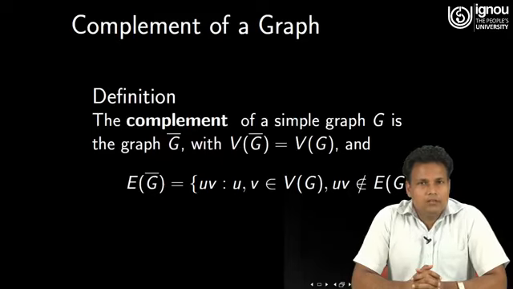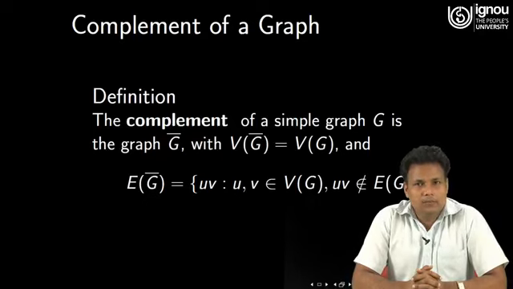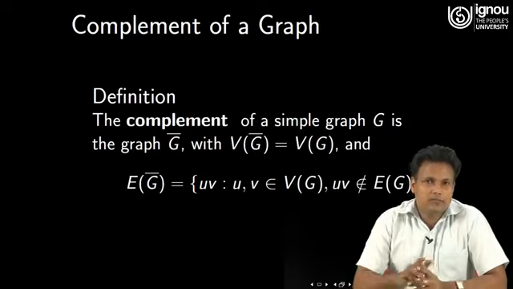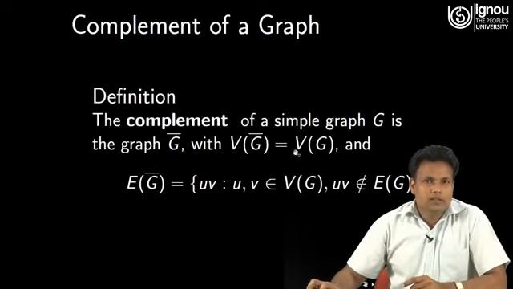The complement of a simple graph G is the graph G bar with the vertex set the same as the vertex set of G, and the edge set consisting of all those edges which are missing in G. Now, here it requires a little clarification.